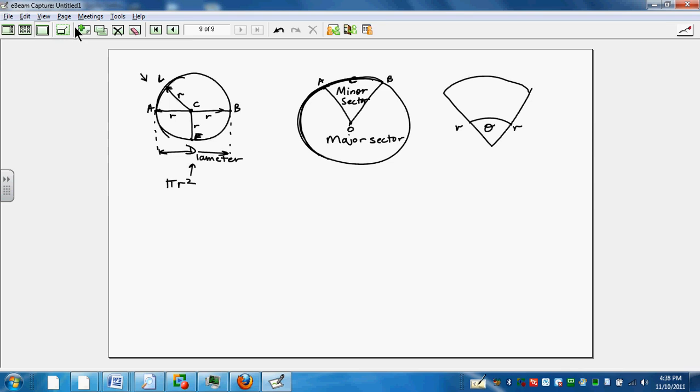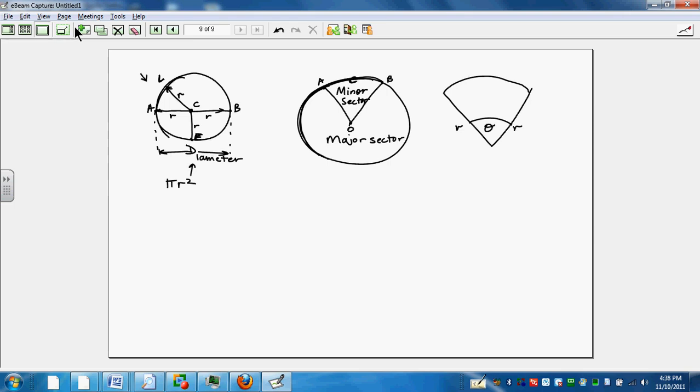But because that is a smaller part, that's called the minor sector. Okay? And a very common way to think of a sector is if you have a big pizza and you are taking a piece of it, then the piece that you will be taking is a minor sector. Okay? And what remains in that pizza, that will be the major sector.